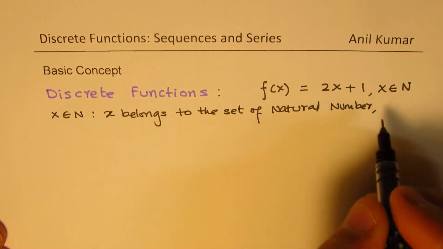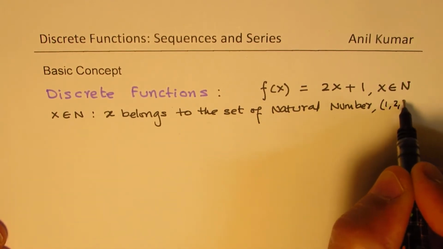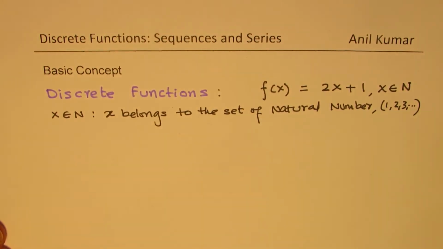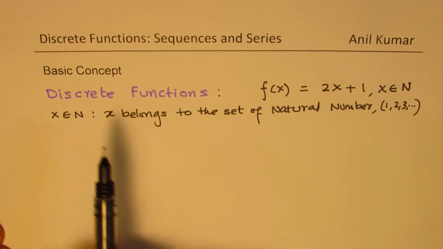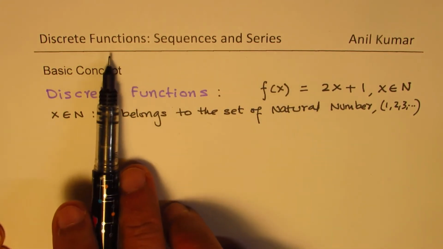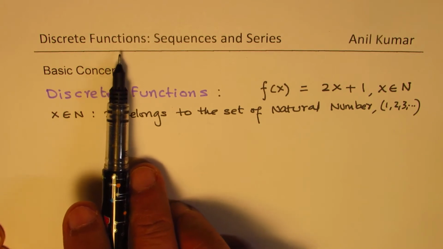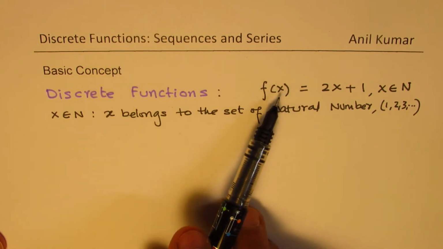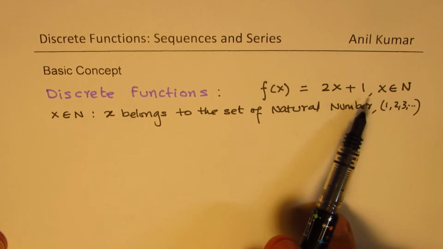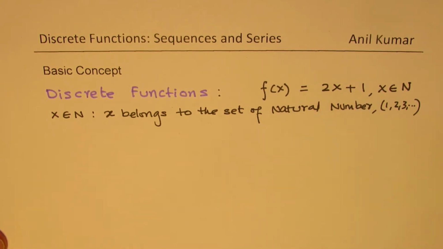They are like 1, 2, 3 and so on. Is that clear to you? Perfect. That is very important to understand. So for discrete functions, if I write a function like this under this heading, and if I tell you to write down the first 5 terms, you have to replace x with 1, 2, 3, 4 and 5. Clear? So this is the first part.